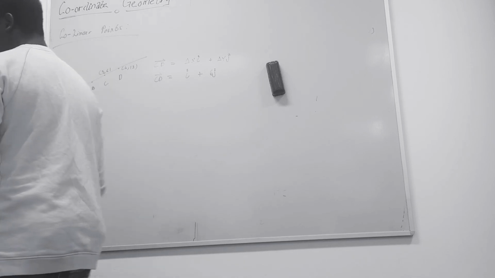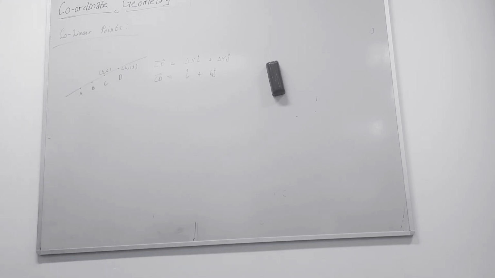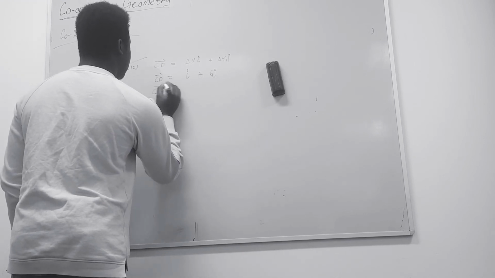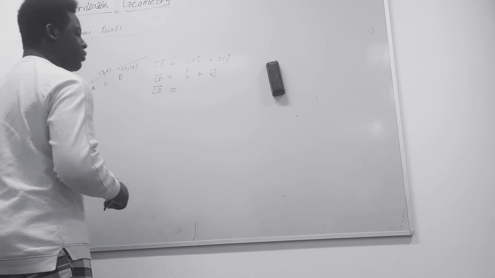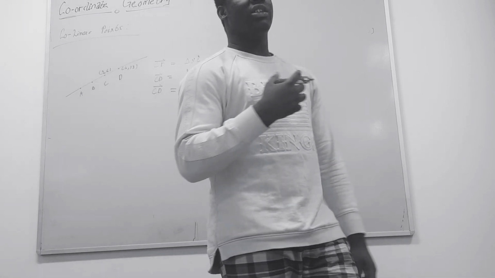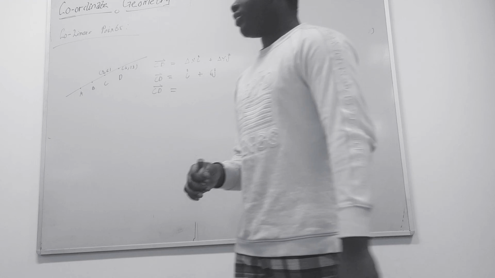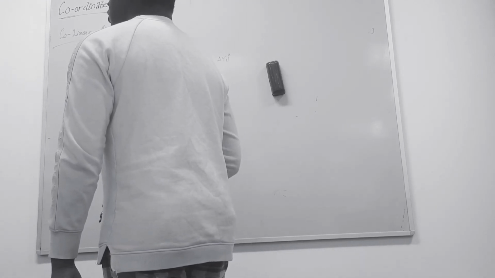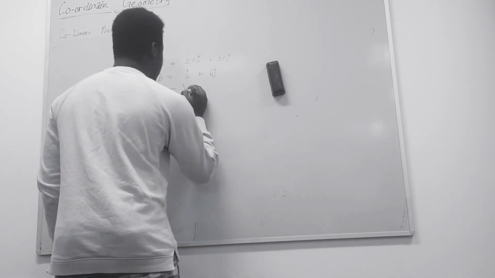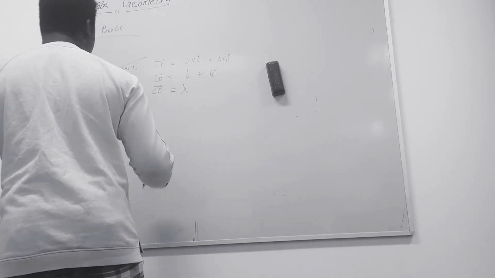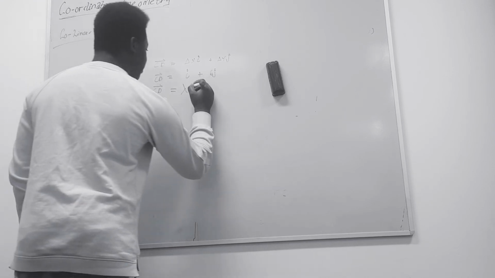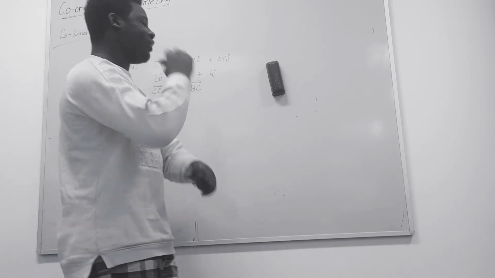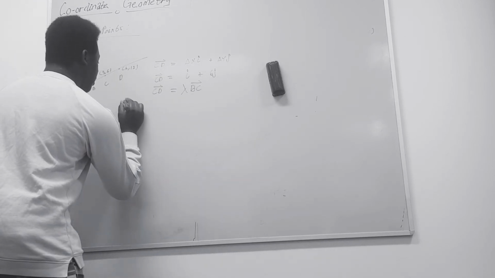Now, this is the point I'm trying to make: the vector CD must be a scalar multiple, let's call it lambda, times the vector BC. It's like velocity and speed.